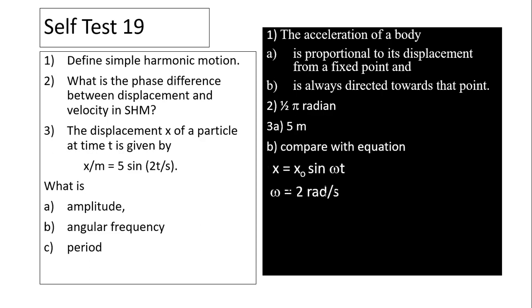Compare with the general equation, omega equals 2 pi f. So you want omega only, not frequency. What's the period? These are elementary things you need to know.